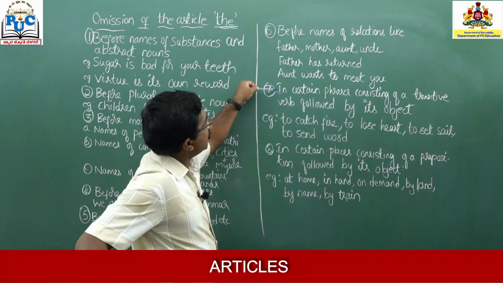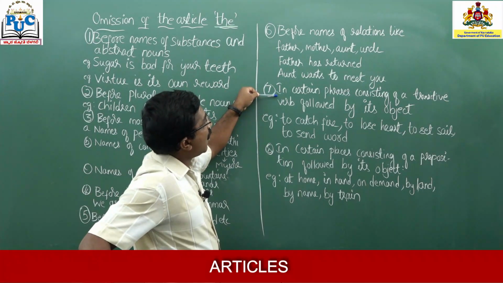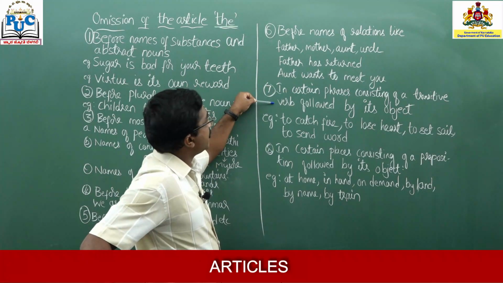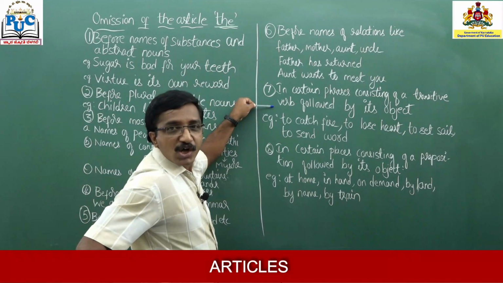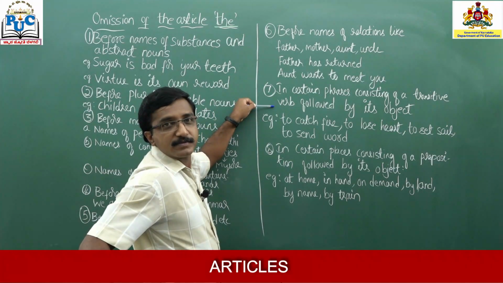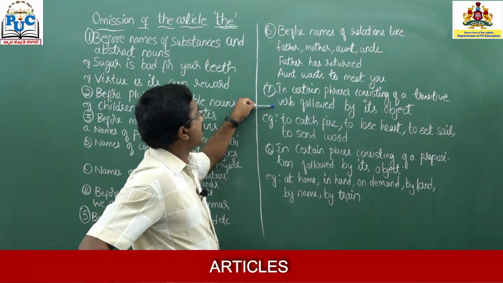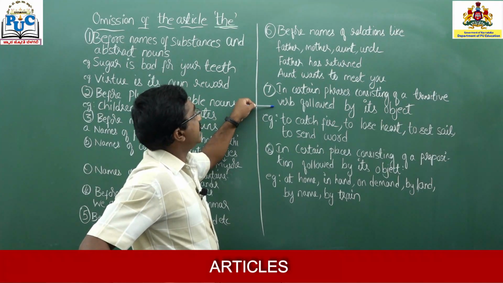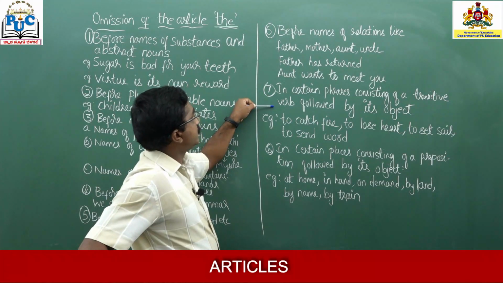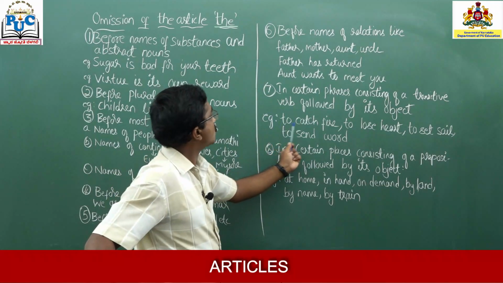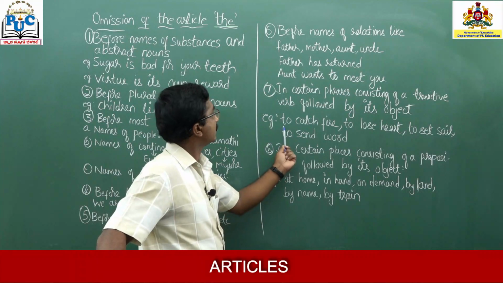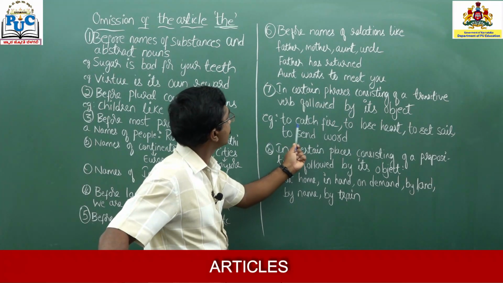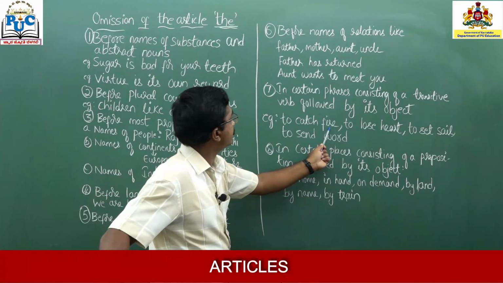Next, in certain phrases consisting of a transitive verb followed by its object. There should be a transitive verb, it should be a phrase, and it should be followed by its object. See, to catch, a transitive verb. What is the object?